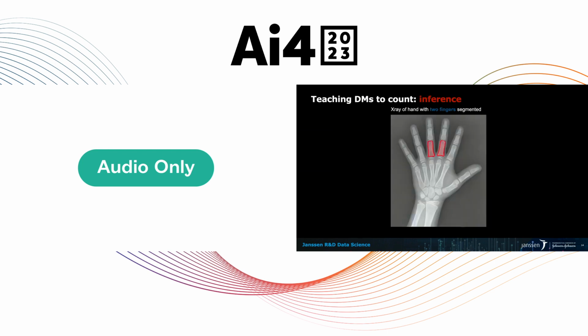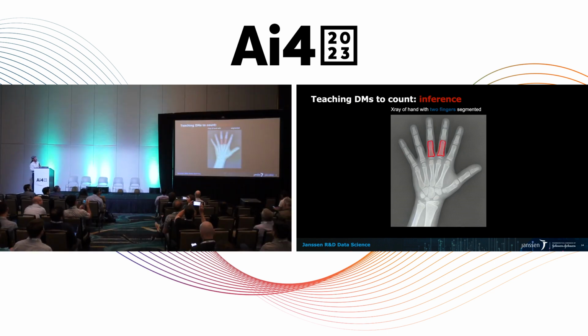Because I only segmented the middle finger, it essentially generated 2 middle fingers in 1 hand. And it did what I asked it to do, in a sense, which was to generate an X-ray of a hand with 2 fingers segmented, but not quite what I wanted, right? This one I didn't even have to send to my clinician to know that this was not a very good hand X-ray.